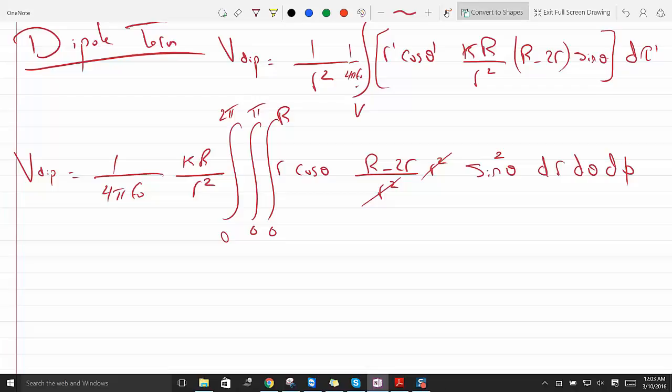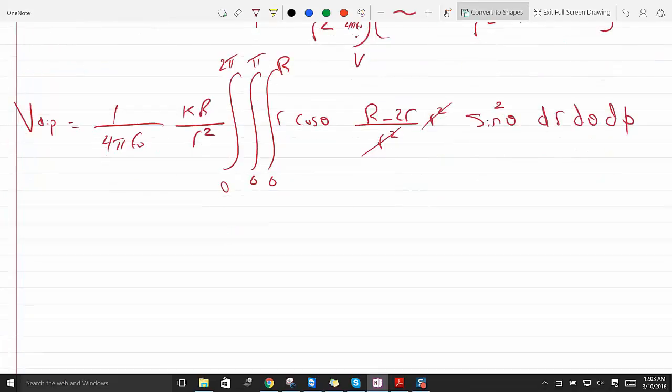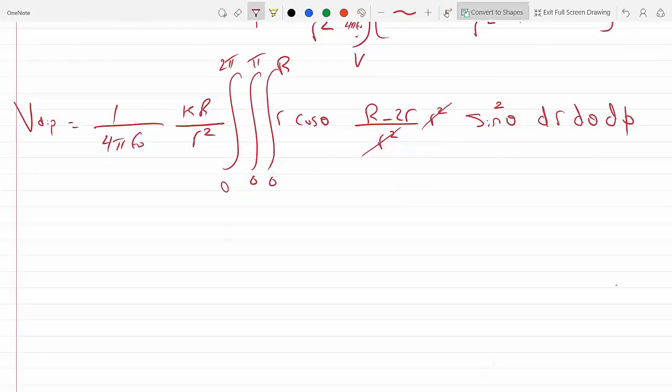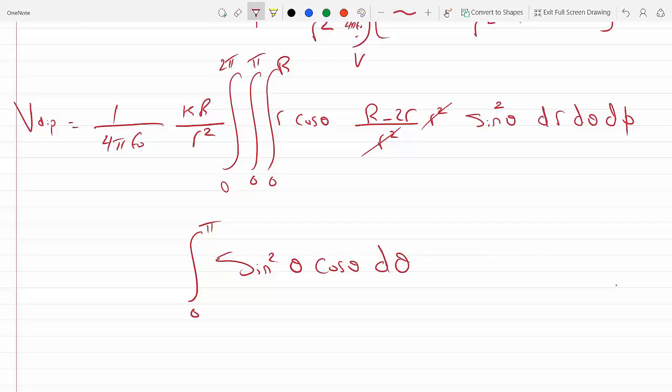Okay, now it looks like the angle integral here will be 0. Let's test it. If we integrate from 0 to pi, let's do it in components, it's easier. So from 0 to pi, we are integrating sine squared cosine d theta. Well, this is u du: sine theta is u, du is cosine theta d theta. So this turns out to be u squared du.